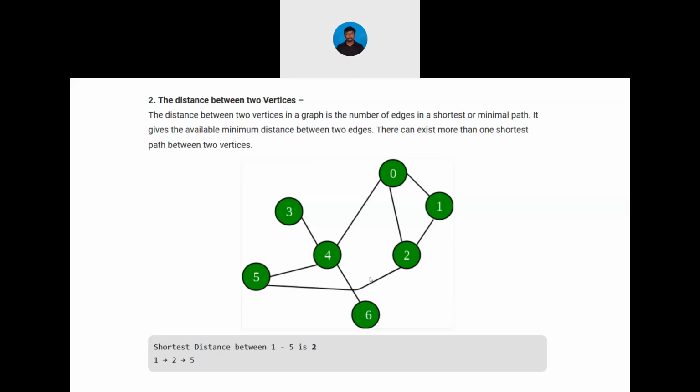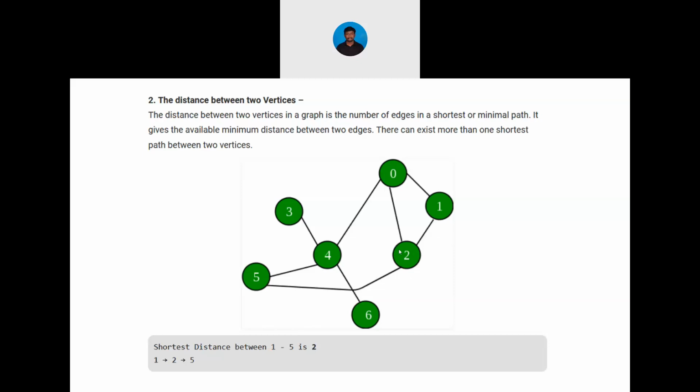Consider this graph. What is the shortest distance between 1 and 5? Here, 1 to 2, 2 to 5. So the distance, mentioned here, is 2. 1 to 2 is of one distance, and from 2 to 5 there is another distance, and hence the shortest distance is 2.